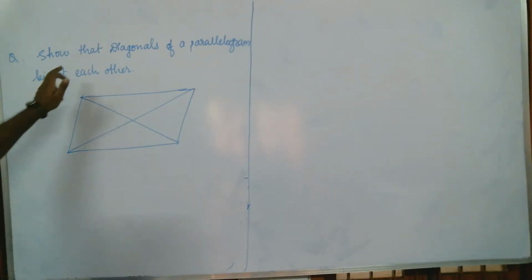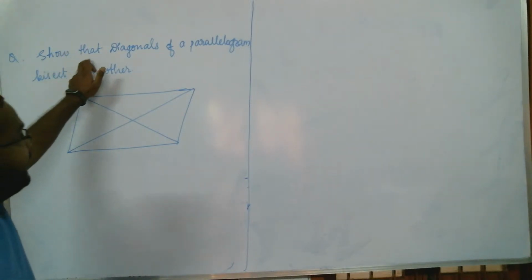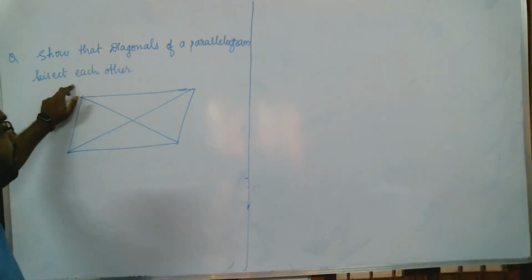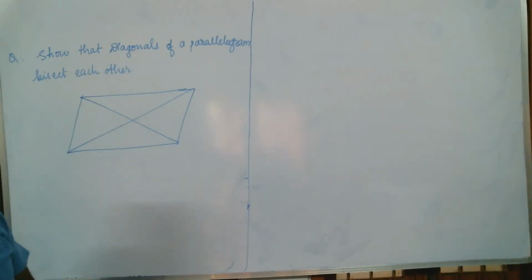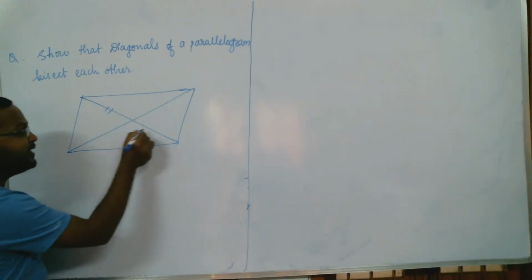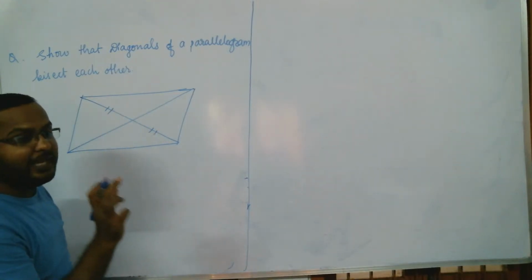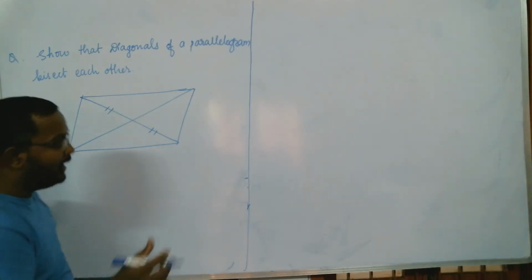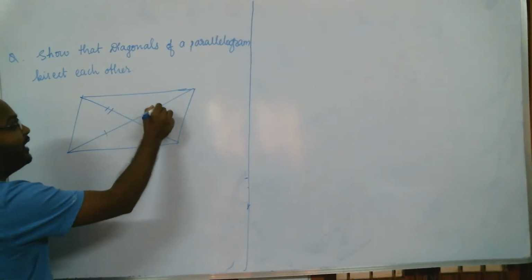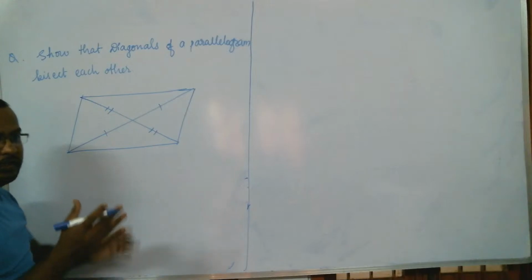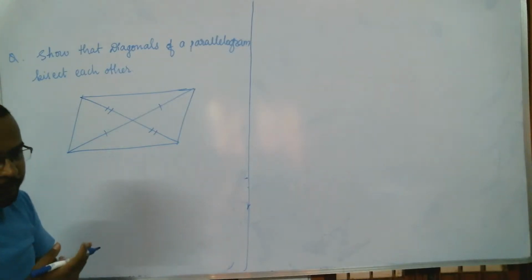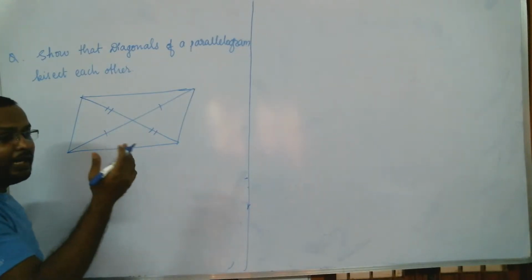Now, the diagonals of a parallelogram bisect each other. What is meant by bisect each other? That means these two are becoming exactly half, and in the same way this and this are becoming equal when they are intersecting.